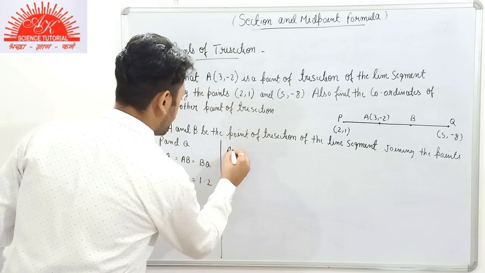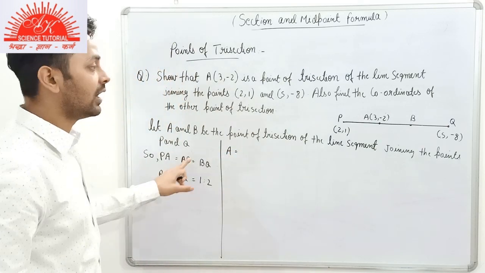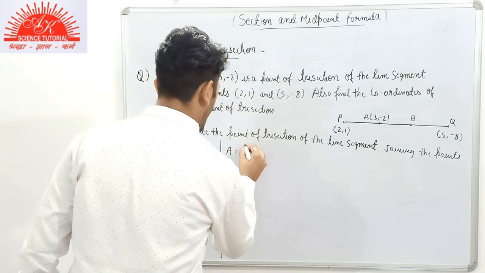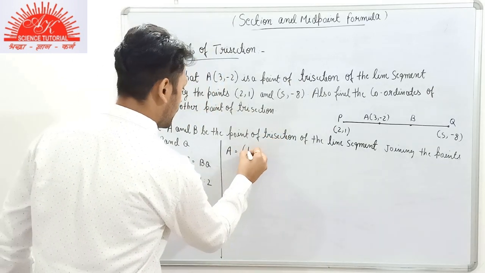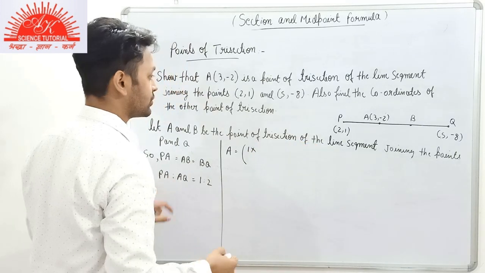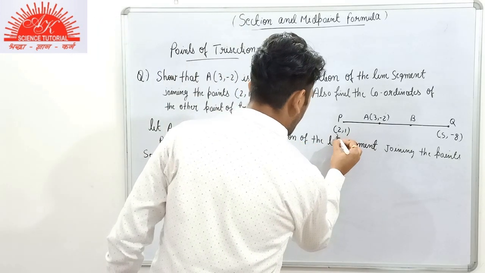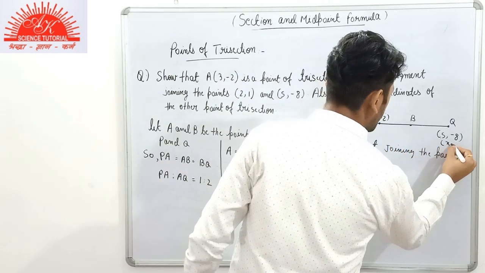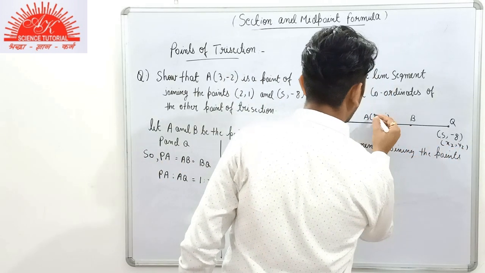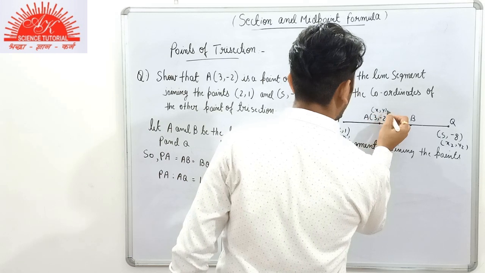We will find the value of A by using the section formula, that is m1 multiplied by x2. The value of m1 here is 1, so 1 will be multiplied by x2. We will substitute the points as (x1, y1), (x2, y2), and we will substitute this as (x, y) here.